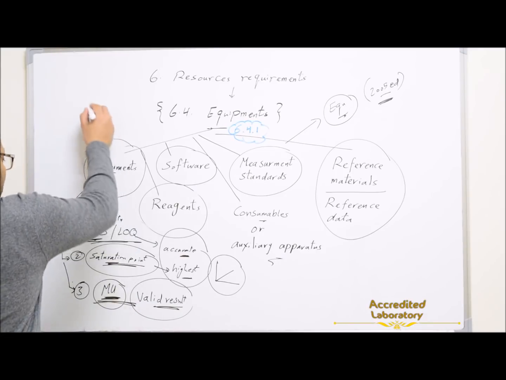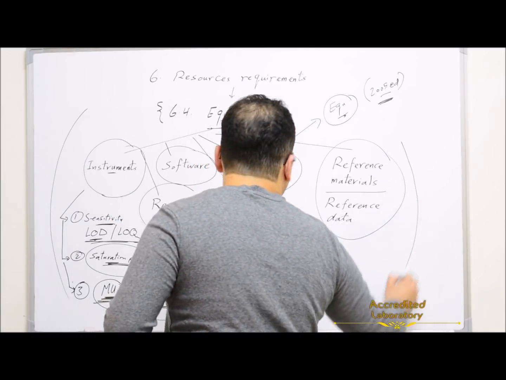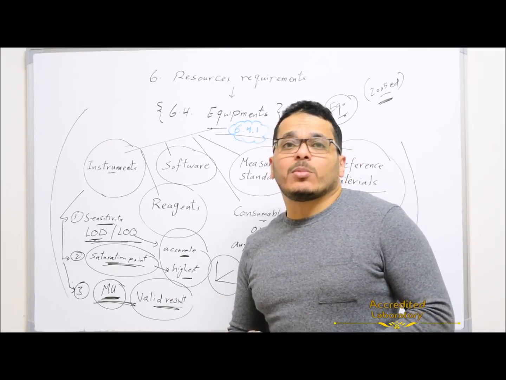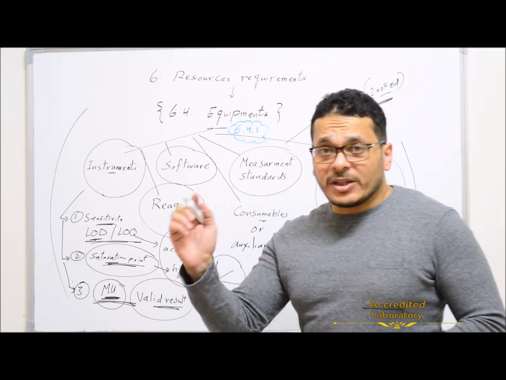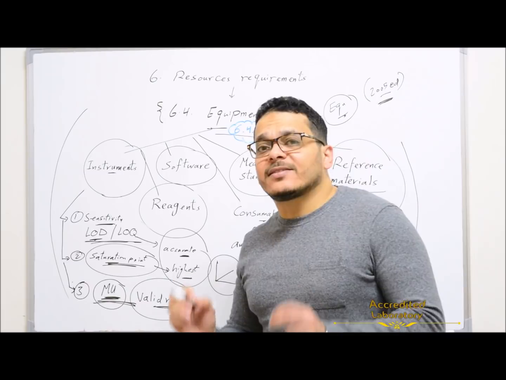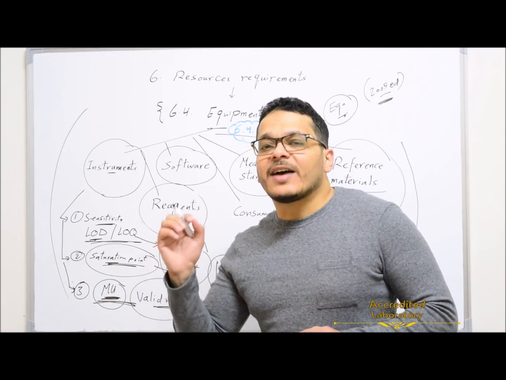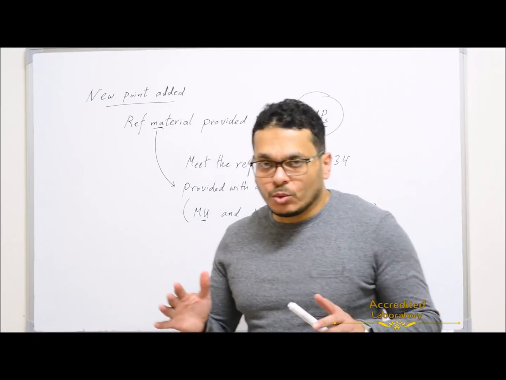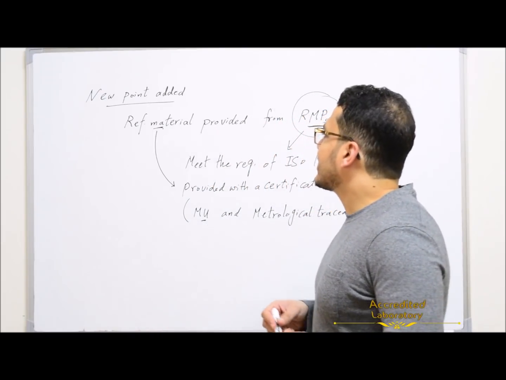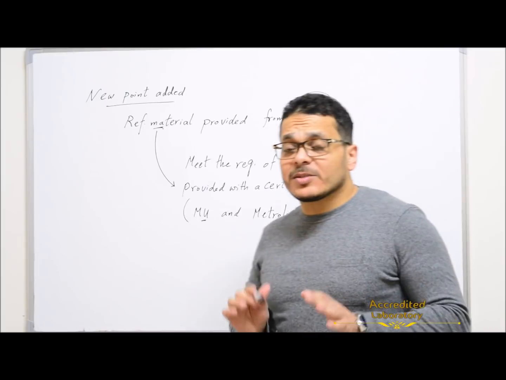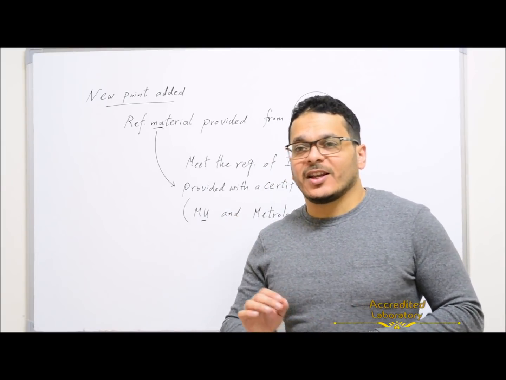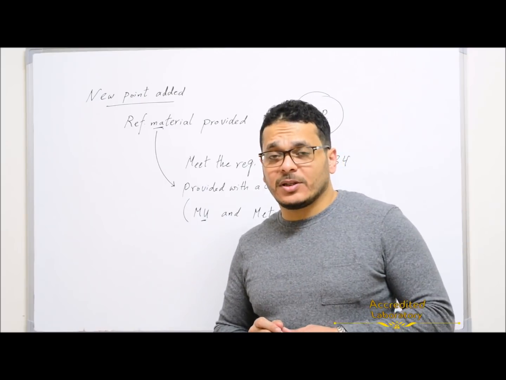So all equipments used for measurement should be capable of achieving the measurement accuracy and uncertainty required to get a valid result. Another point added to this edition as a note, reference material. Reference material is provided from reference material producers, like FABAS as an example.